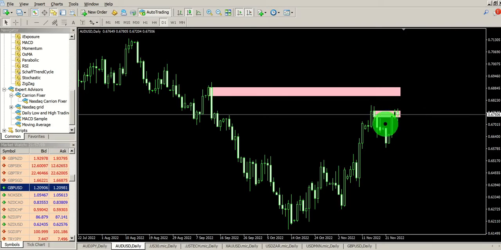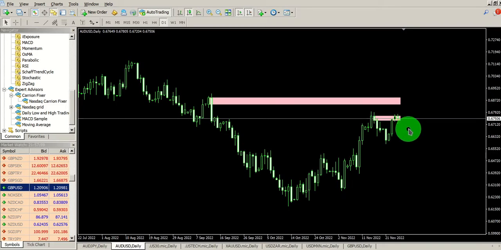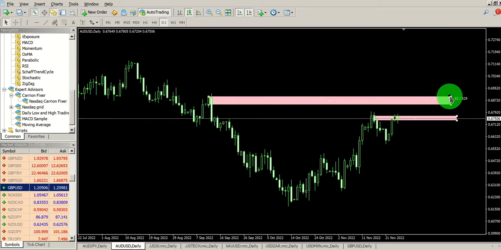So I'll be watching this area here. Maybe price can reverse here, or it can just go up, break this highs, test that order block there, then finally sell off. So for the sell, that's pretty much the areas that I'm looking for. Those are my areas of interest.